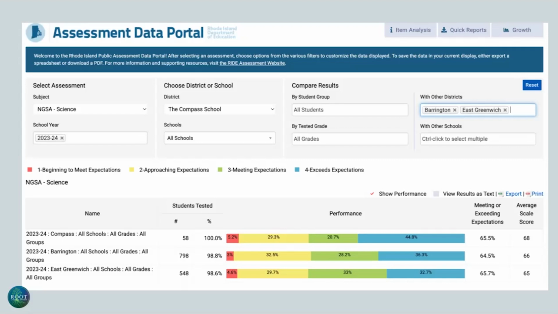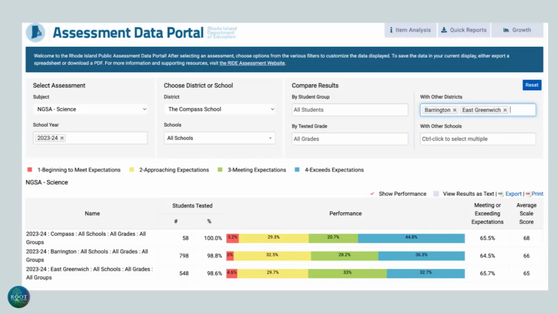If you look more closely, you'll notice that first, on average scale score, the Compass School was the highest performer by 2 points ahead of Barrington. When we look at meeting or exceeding expectations, technically when you round up, 65.5 and 65.7 are both 66. But East Greenwich and the Compass School are coming in at the top there.